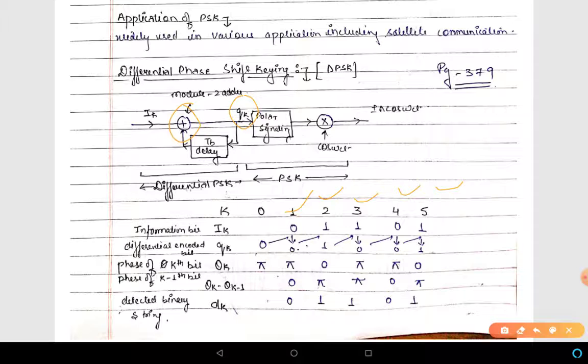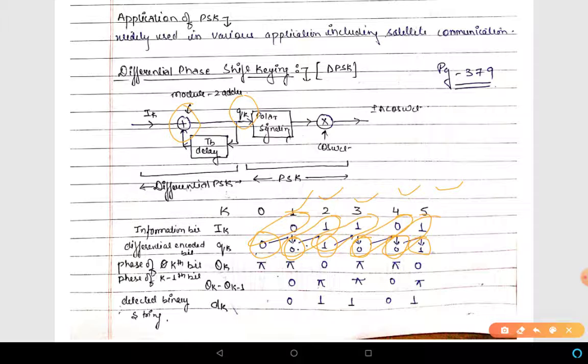Initially the reference bit or delay element is in reset state, so these two will yield 0, and again this will yield 1 in the next clock cycle. This 1 1 will yield 0, this 0 0 will yield 0, and 0 1 will yield 1.